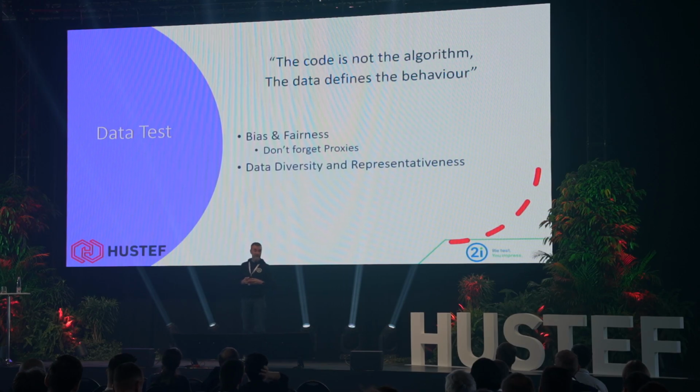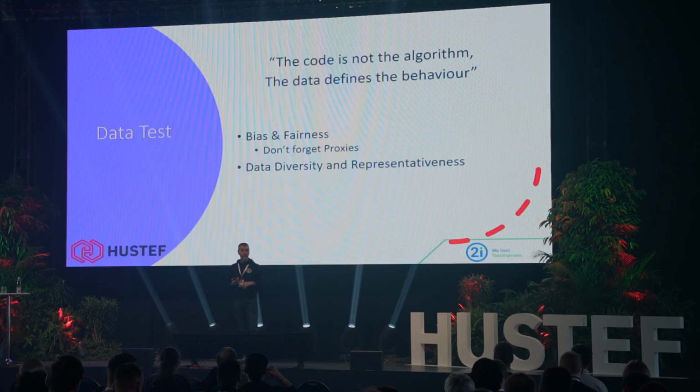Likewise, address can be a proxy for bias. So that can be a proxy for race, income, status, even age.